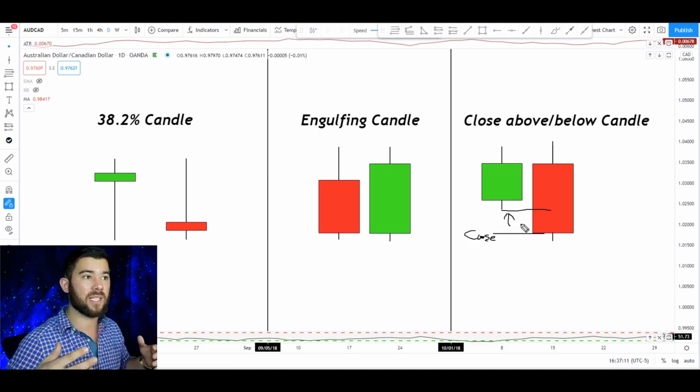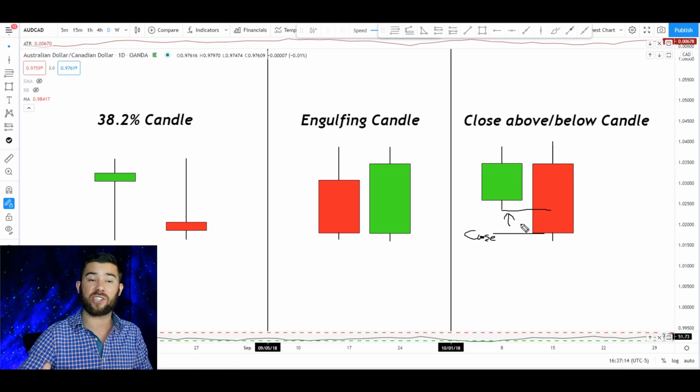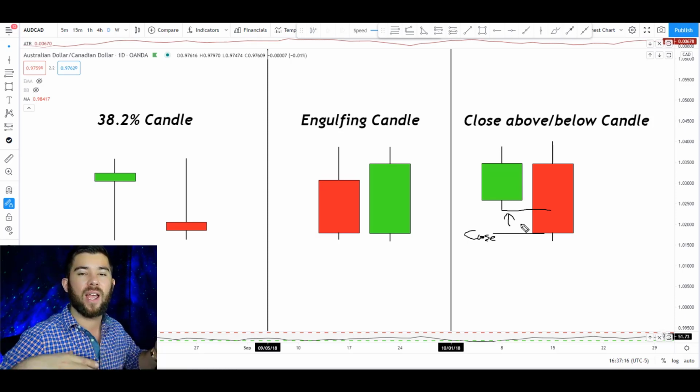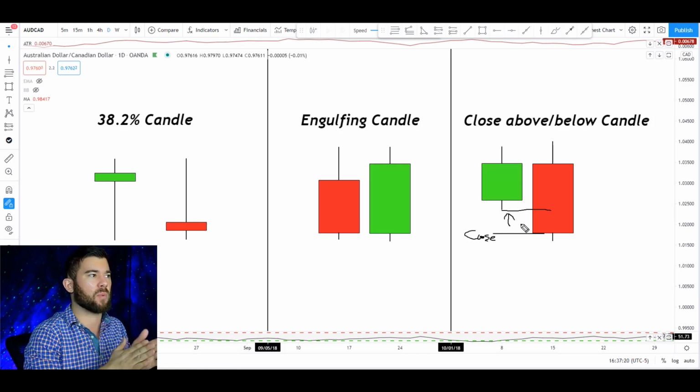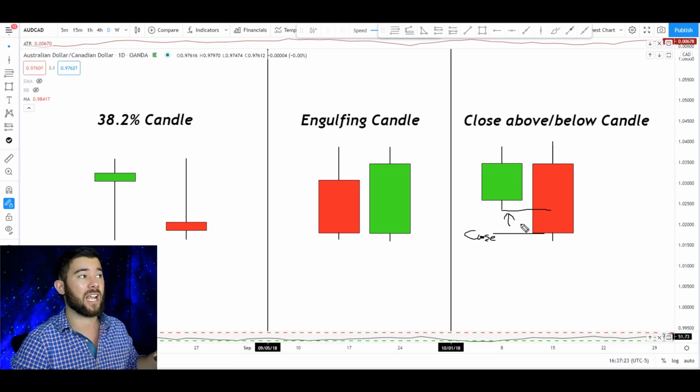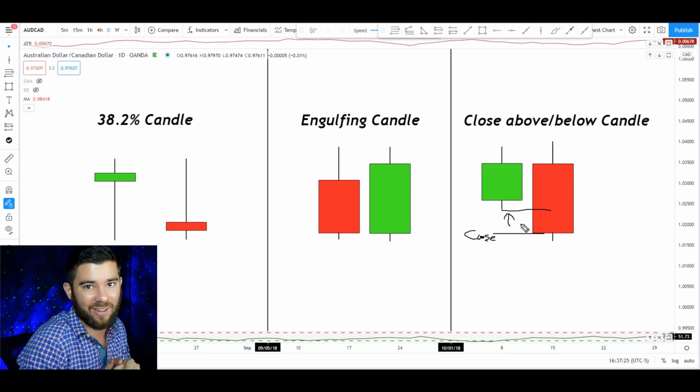As long as that happens, that to me is showing selling pressure, and the opposite would be true in the bullish direction. We would have a close above. Again, we'll take a look at that down on the chart, but right now, let's go take a look at a few live examples of the 38.2% candle first.